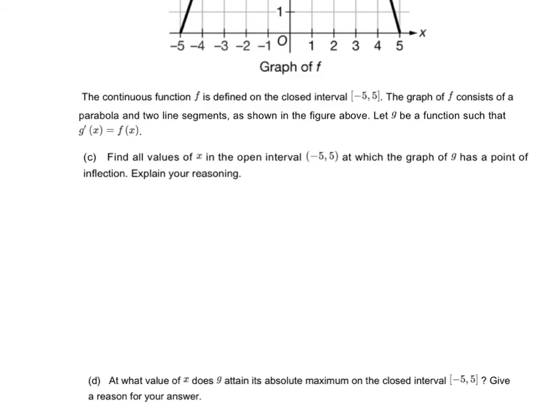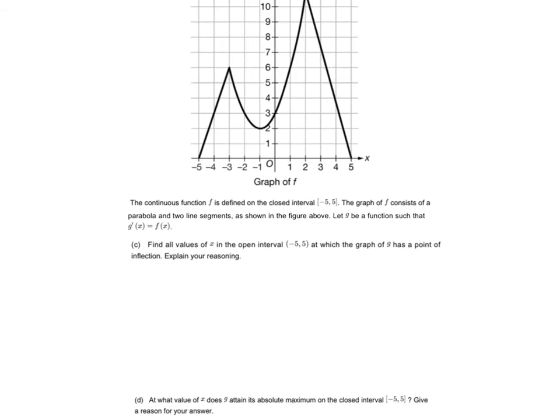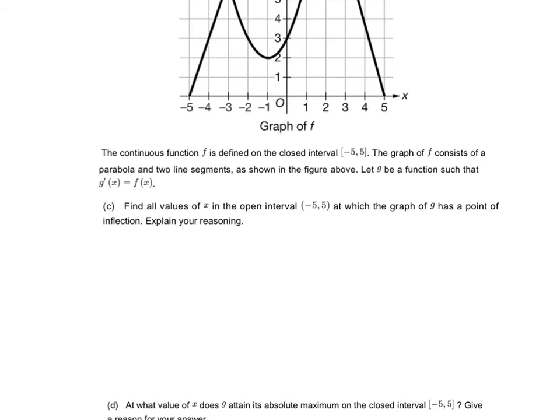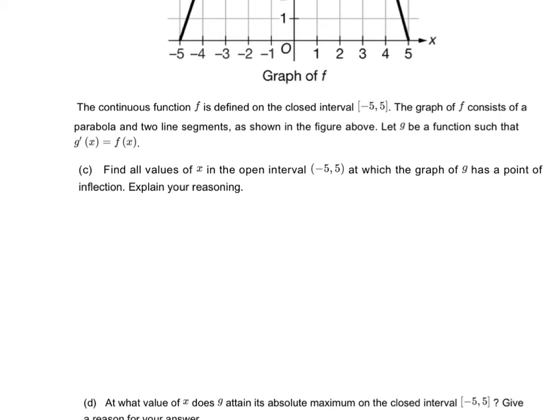I know g is defined in terms of f, but it doesn't matter. We're still just looking at the second derivative of g. They give us g prime equals f, which means g double prime is f prime. So if we want to know where g double prime is either undefined or 0, we really want to know where f prime is either undefined or 0, since they're equal.